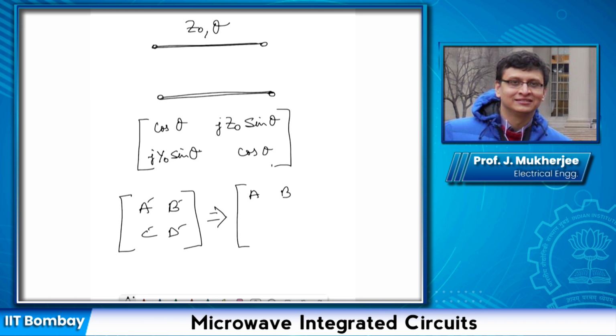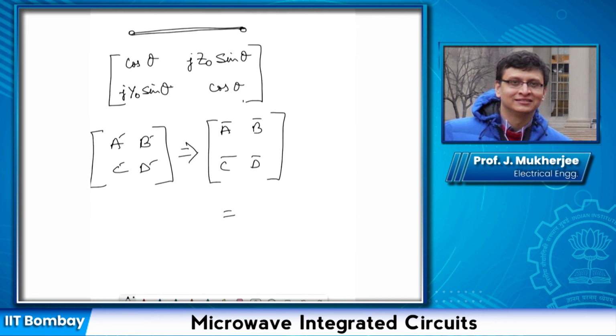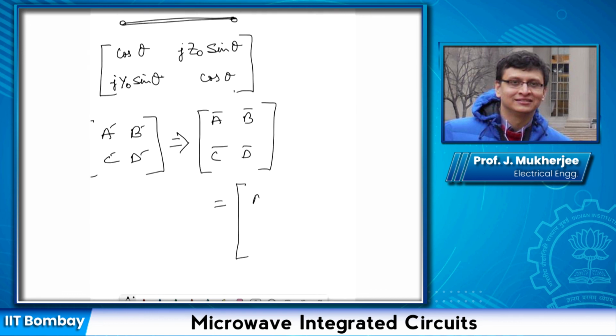To normalize them, that is to get the parameters like this, that is equal to A, B upon Z0, C Z0, D. Okay. So there are some more sample ABCD matrices given in your notes. Please go through it once.